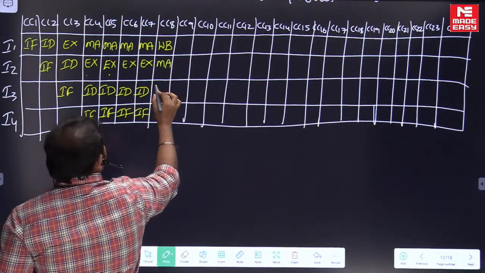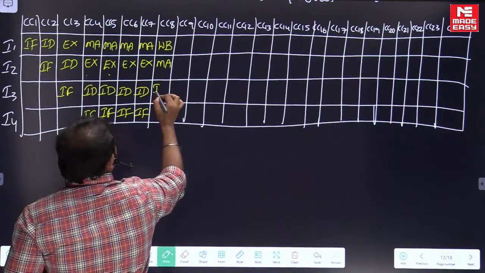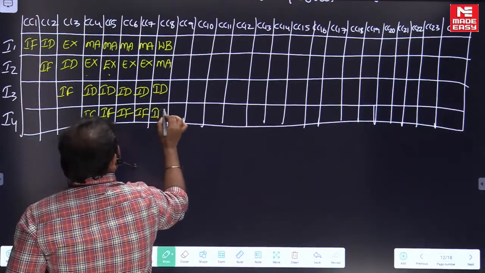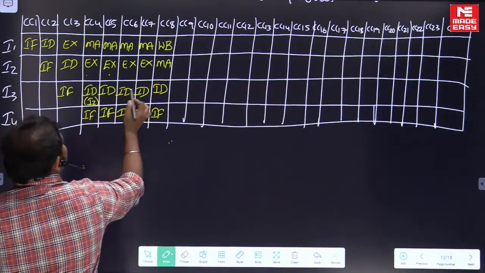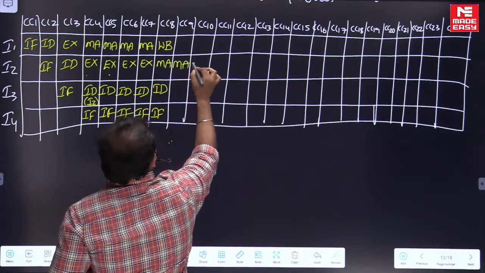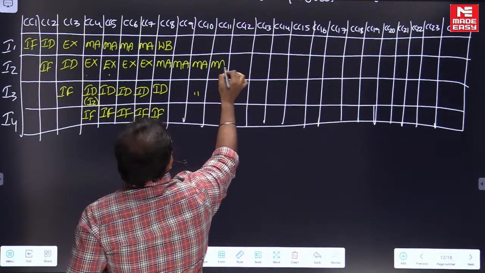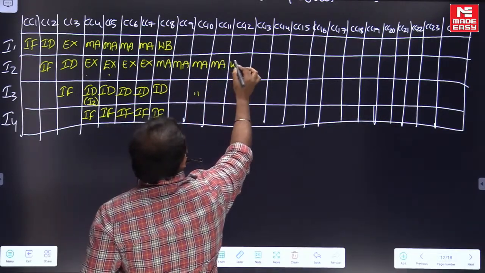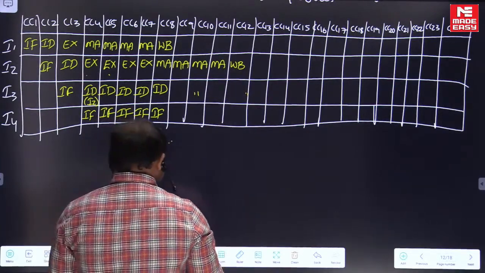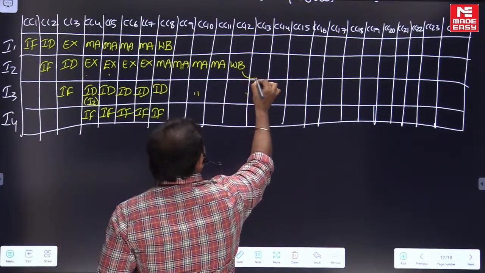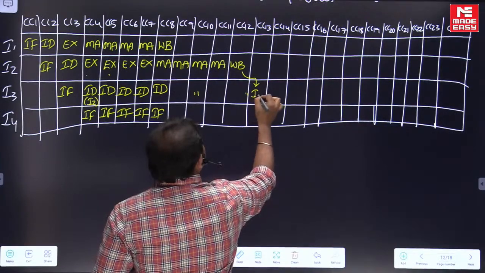This is coming into ID only. This is into IF only. Why? This is data dependent on I2. So first complete I2. I2 completes 4 cycles on MA, then WB. Here I2 completed.